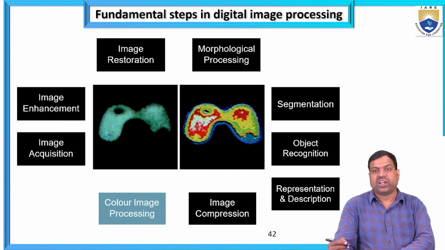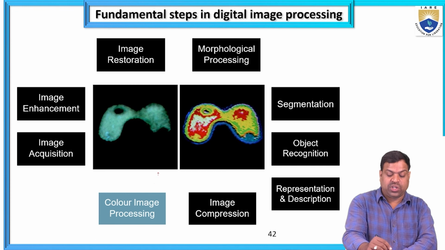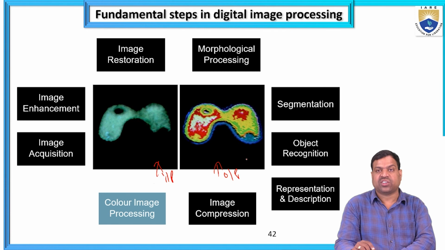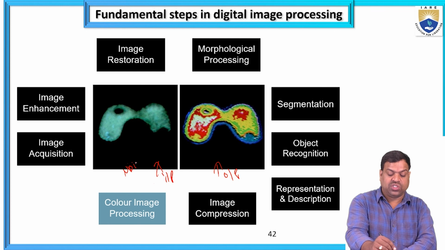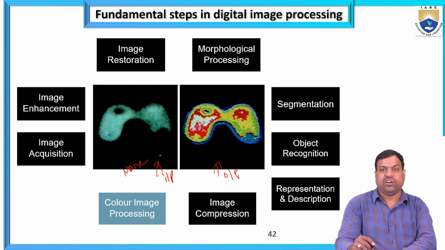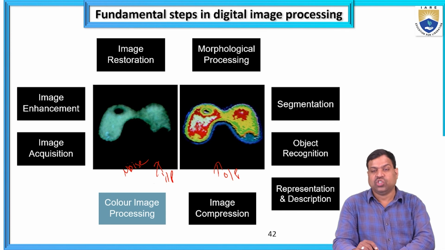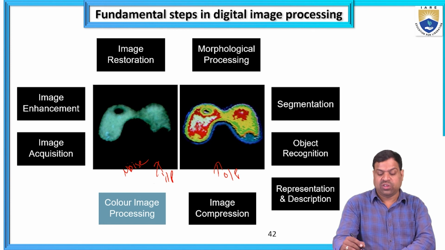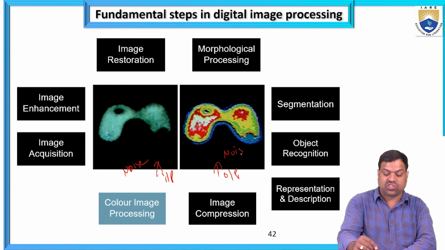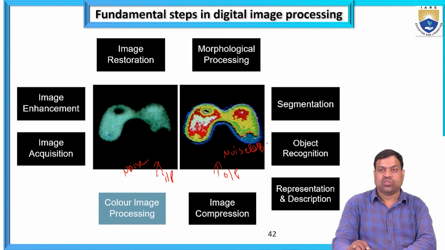The next one is color image processing. Suppose in the input image we are not identifying the colors. The original colors are damaged due to noise, so it is a noisy image. We apply colors to that image, and the output is a noiseless colored output. This is only for color image processing, not for black and white.